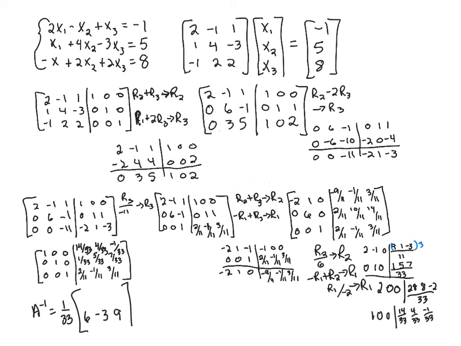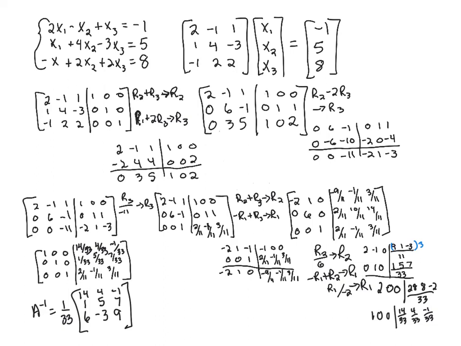And now if you look and distribute that 1 over 33, the 3's will cancel and you'll get what we had before, and the denominator will be 11. Everybody else already has 33 in the denominator. 14 and a 4 and a negative 1.